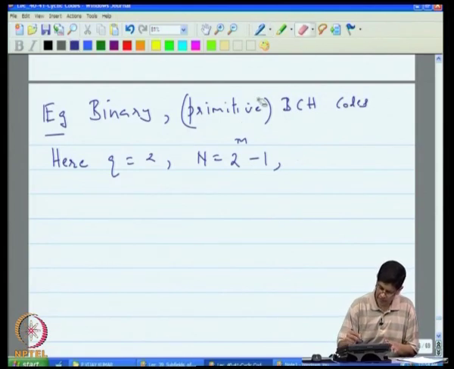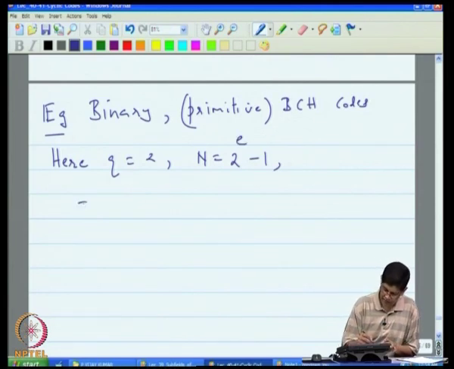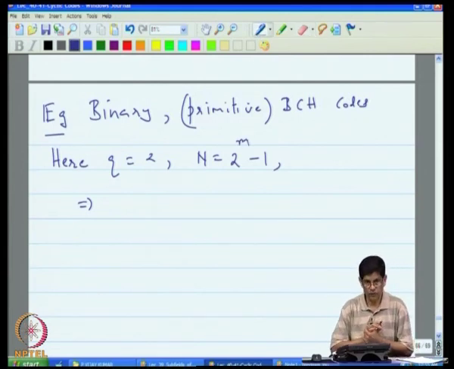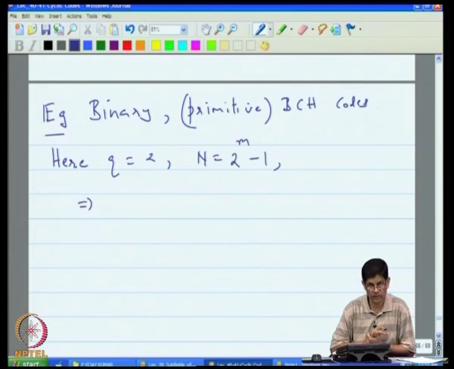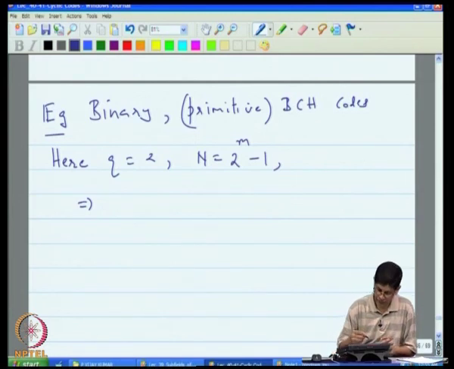So, actually if you start out, perhaps I should start out, supposing I said that it is 2 to the e minus 1, then this means that the multiplicative order of, or actually let me put back the m here. So, if n is 2 to the m minus 1 and then you ask what is the multiplicative order of q mod n, and then you will see that it is actually equal to m. Okay.